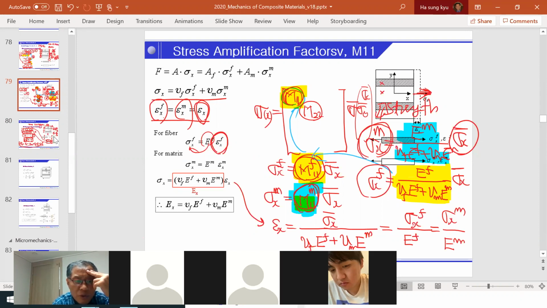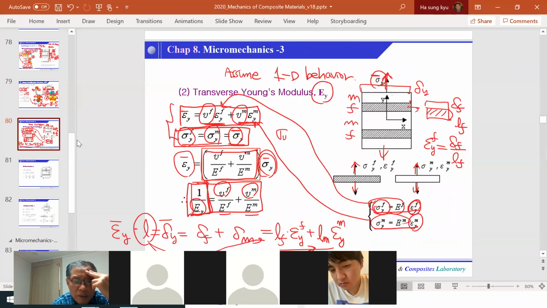So M22, look at that, y and y. M22 for the fiber will be simply 1, and M22 for the matrix will be simply 1. And how about the other terms?